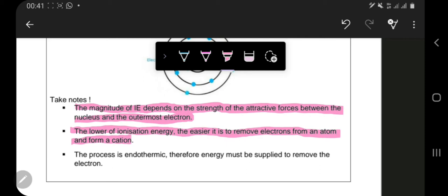Usually it is easier to remove the electron from a larger atom compared to a smaller one, because the size relates to the attraction from the nucleus to the valence electron. The process is endothermic, therefore energy must be supplied to remove the electron.